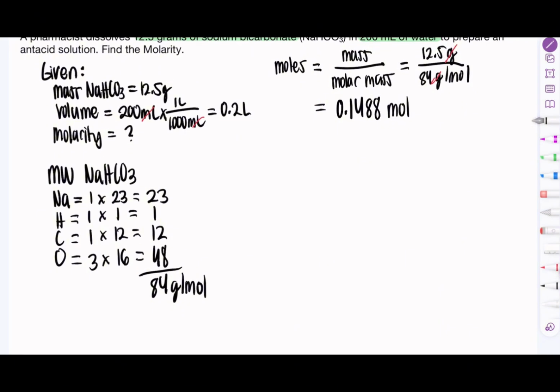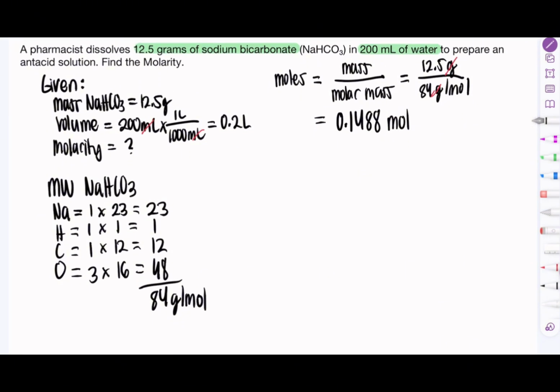Now, let's proceed. After finding the moles of our compound, let's start finding the molarity. So the molarity formula is equal to moles of the solute over liters of solution. Now, do our givens complete the formula of molarity?